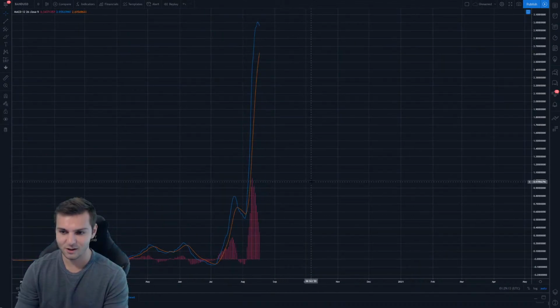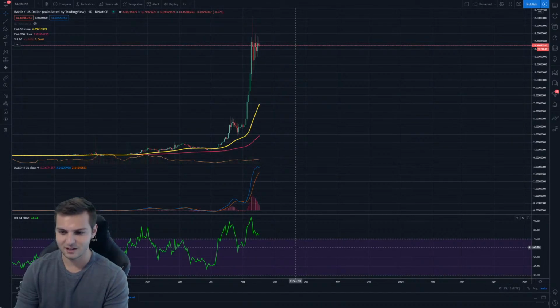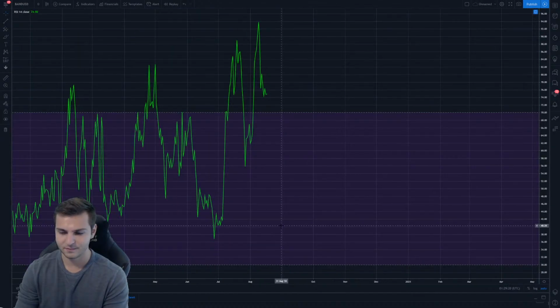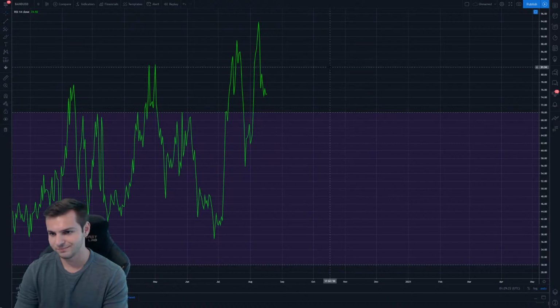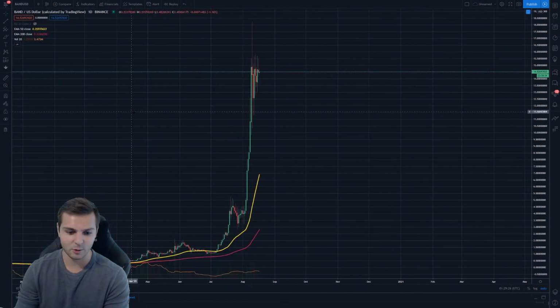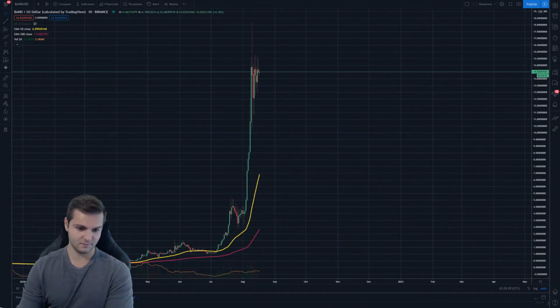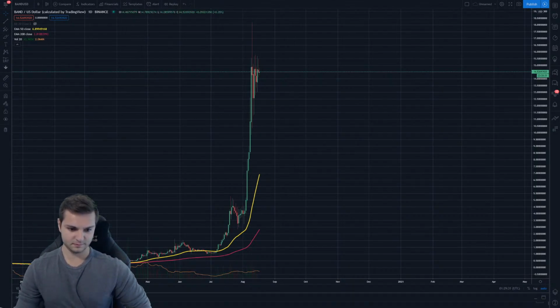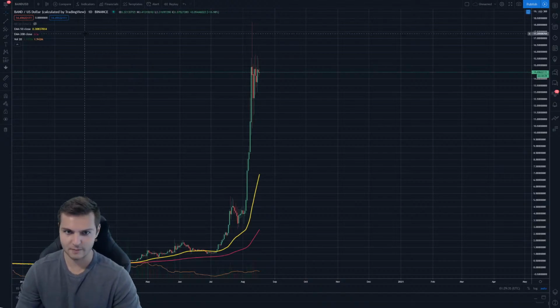It's starting to fall off. It's really not going anywhere. Still overbought. Who knows? Is this a DeFi coin? I'm not sure. I don't know anything about Band.